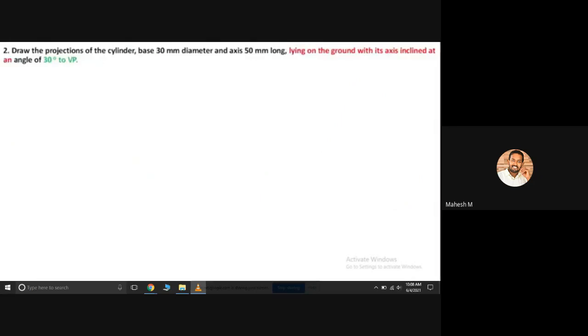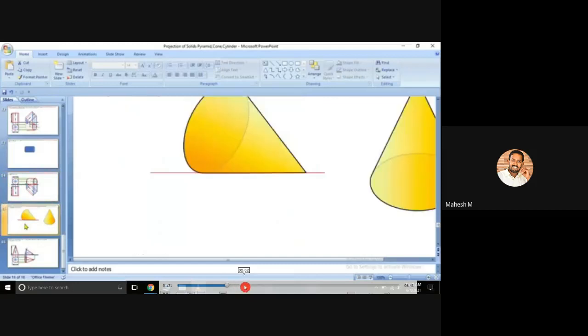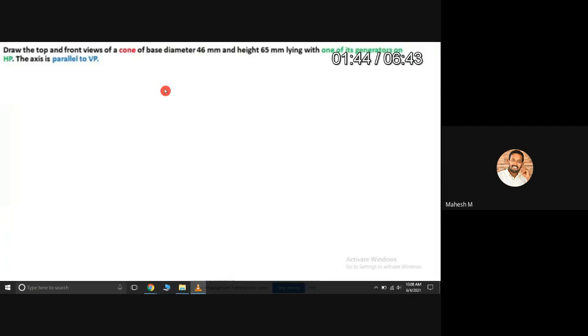Okay. This is a different problem. This is actually a cylinder, so it is not our problem. We are going to deal with only the cone. So you can create a horizontal line.